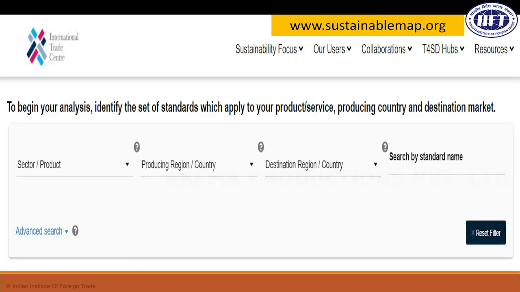And you also have sustainablemap.org, which gives you information across different product categories across 200 countries in the world, 6,000 product categories. Look into these websites, plan your export very methodically, because if non-tariff barriers, import regulations and compliances are not taken care of, it becomes very difficult for us to cross the customs, and the entire opportunity to export is lost.